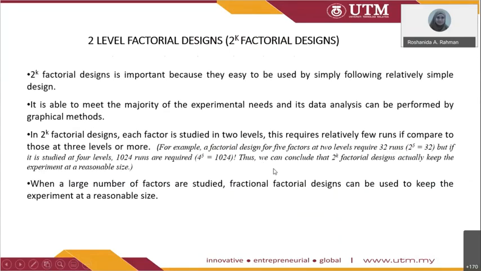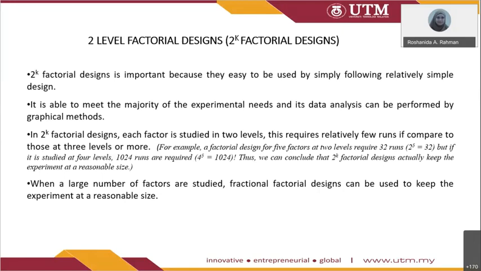So this is 2-level factorial design. It's quite difficult actually to separate each topic because, in order to explain one point, you need to relate it with the other points.